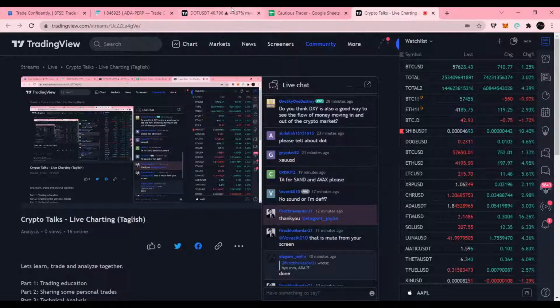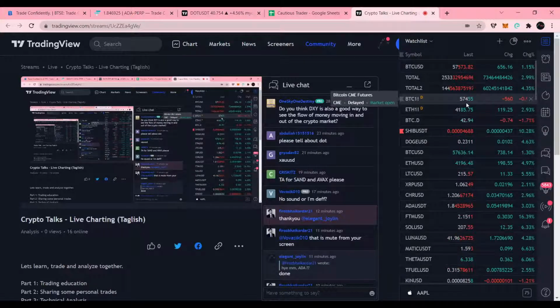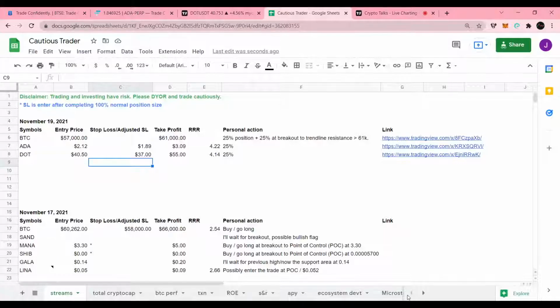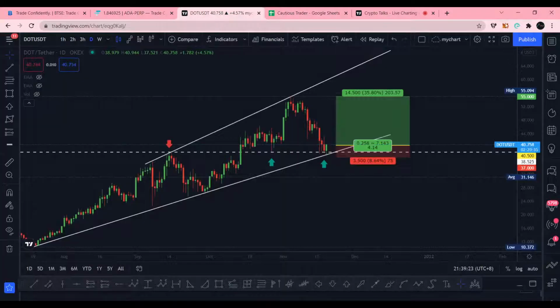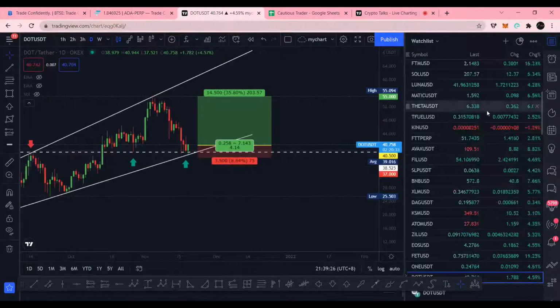XAU. Gold. What happened to gold? Actually, I traded gold last year. For commodities, I'm using Prime XBT because the collateral here is BTC and the gains are also in BTC. So let's try to check on gold.